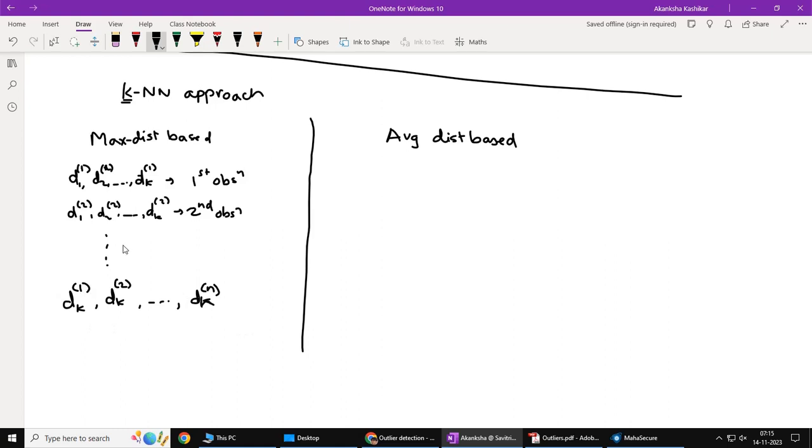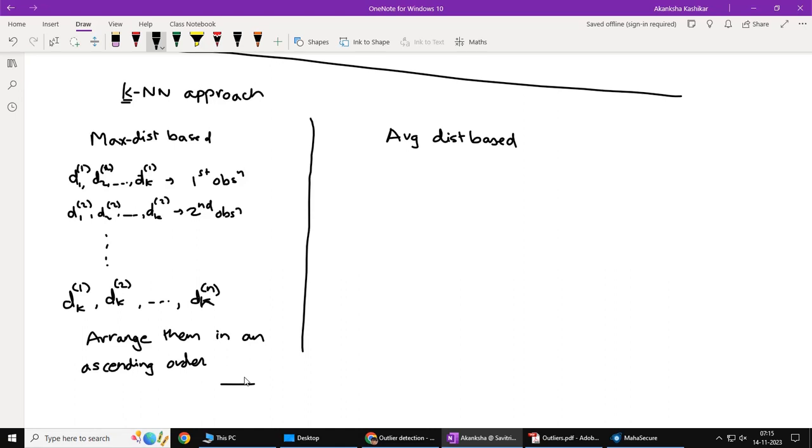We now arrange these distances in the increasing order, so arrange them in an ascending order, and the larger distances can then be declared as outliers. Okay, so distances which are very high out of these n distances, corresponding observations can be declared as outliers.